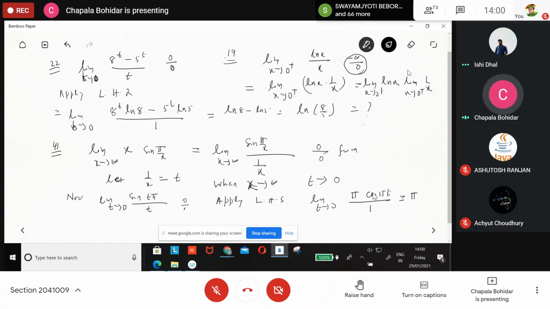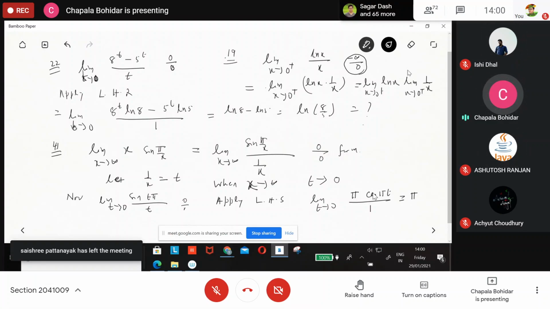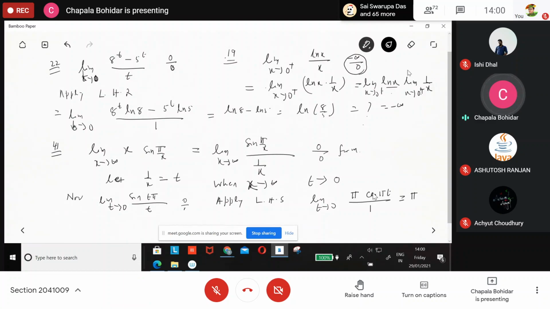Here I am getting minus infinity for ln x, and 1 by x goes to infinity. What will you get? Minus infinity.